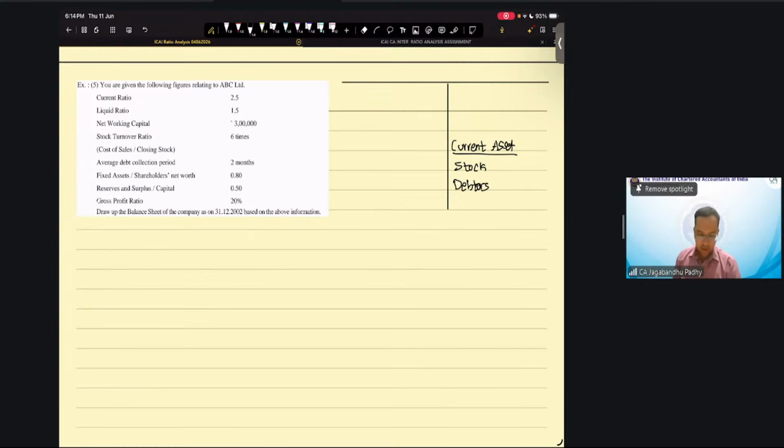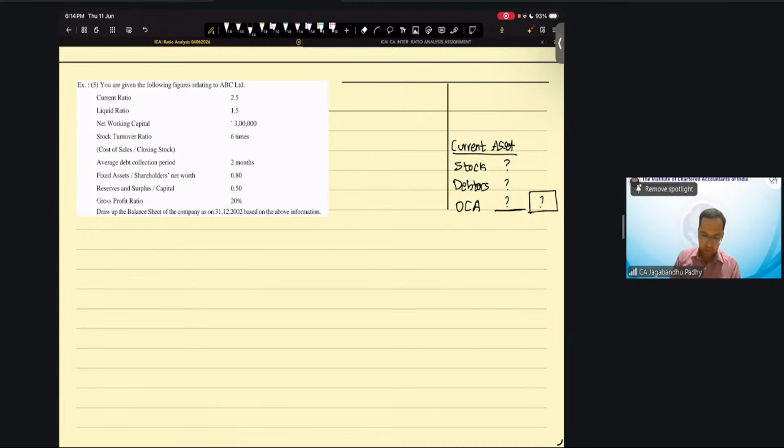Any other item from current assets? No, so the rest will be other current assets. So we need stock, debtors, other current assets, and the total of current assets also.